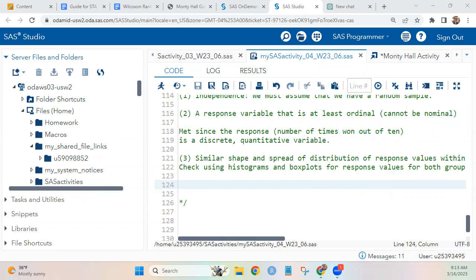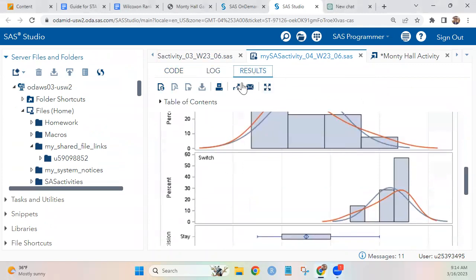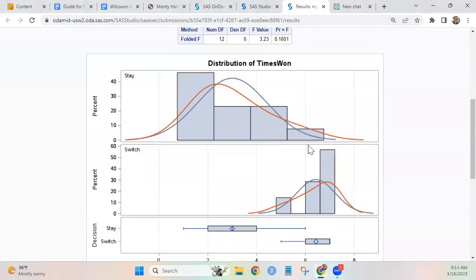Essentially they can just be shifted. That same distribution or same shape can be in a different spot for each of the groups, but needs to be roughly the same shape. So here, if we look at the plots again, this is where we can compare the shapes of the groups by looking at the histograms.